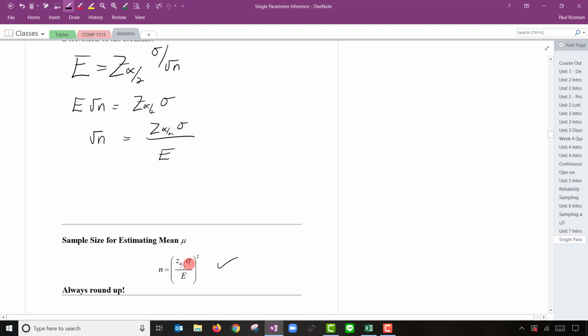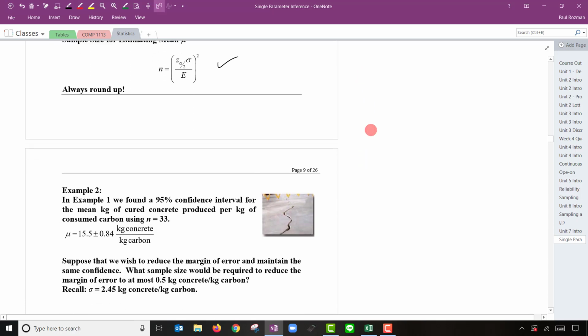But in order to do that, you have to know what sigma is. So we're going to estimate sigma in most cases, and we'll estimate in such a way that we err on the high side. If we err on the high side for this sigma estimate, then we'll make sure that we're sampling enough to achieve the level of error that we desire.